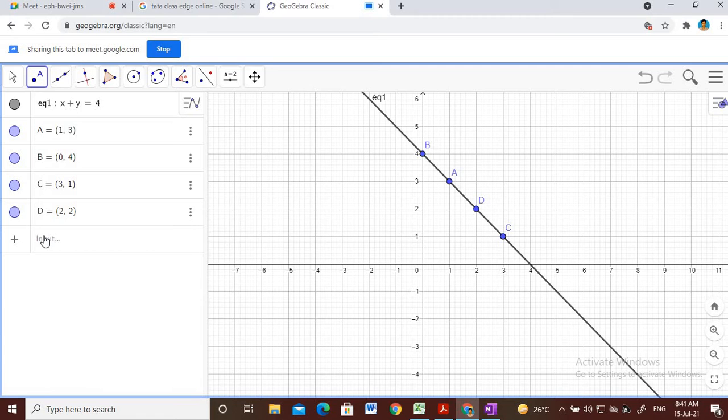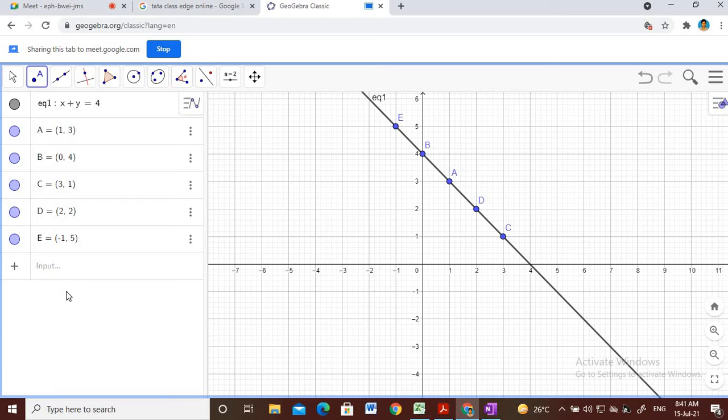Yes, you can see D, 2 comma 2. Like say one more point. Say negative numbers, minus 1 comma 6. See minus 1 comma 5, you can see point E. So you take any solution of this equation, all the solutions, meaning points, lie on the line only.